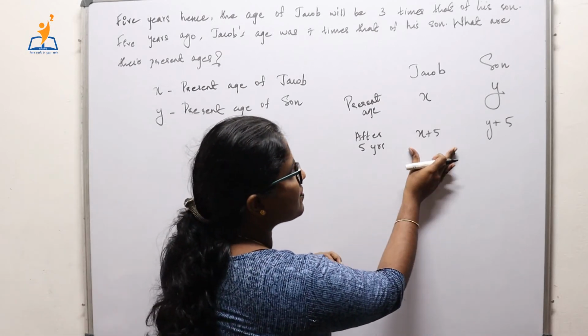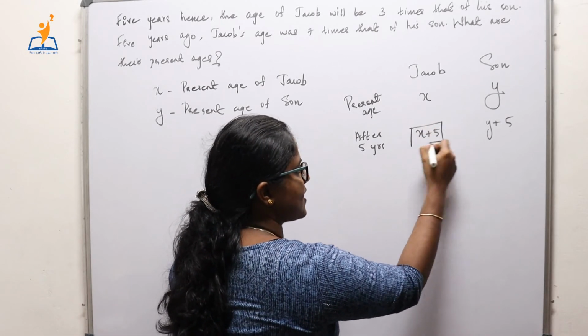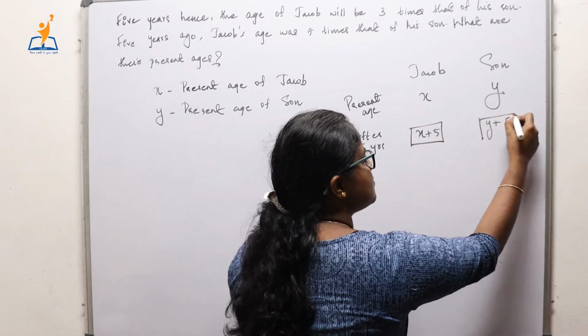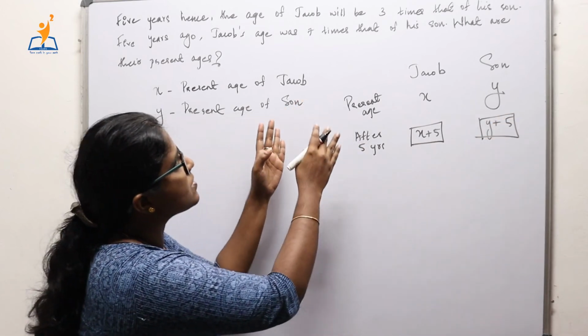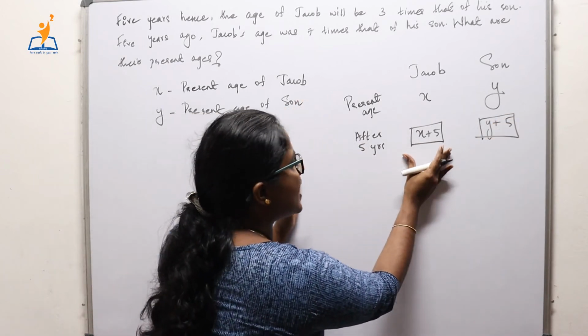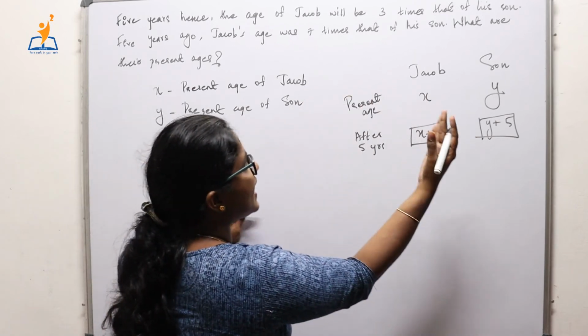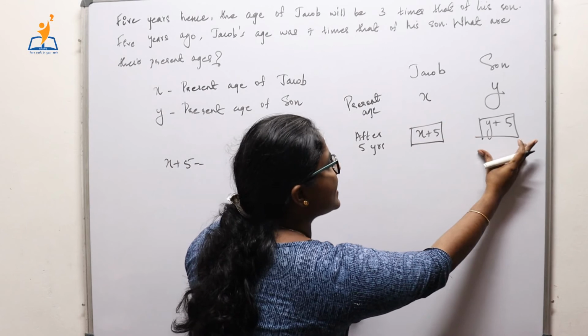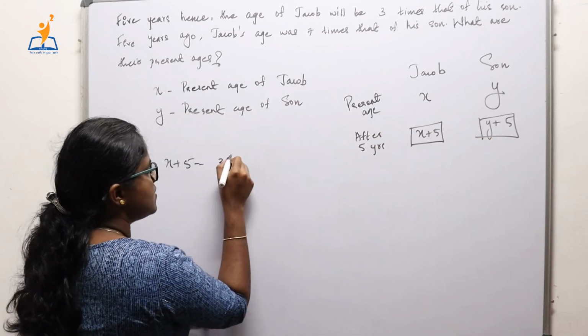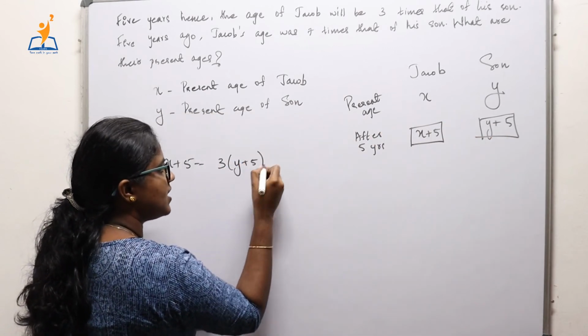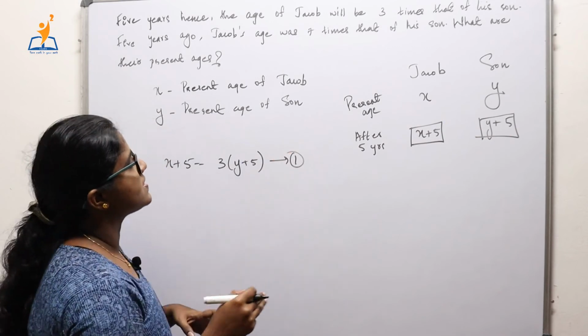That is, x plus 5 is 3 times y plus 5. So this is the first condition given in our question.